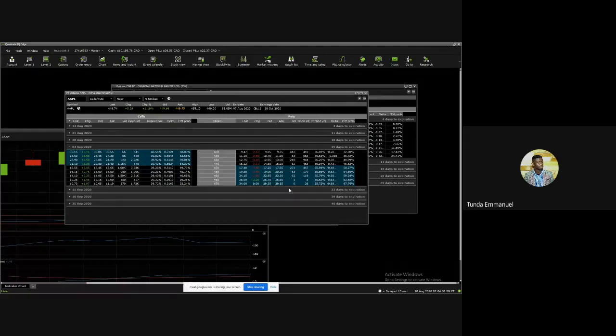So the right side here, these are puts, and the left side is the calls.